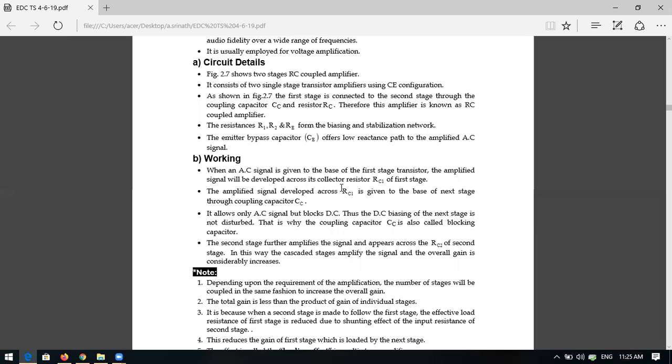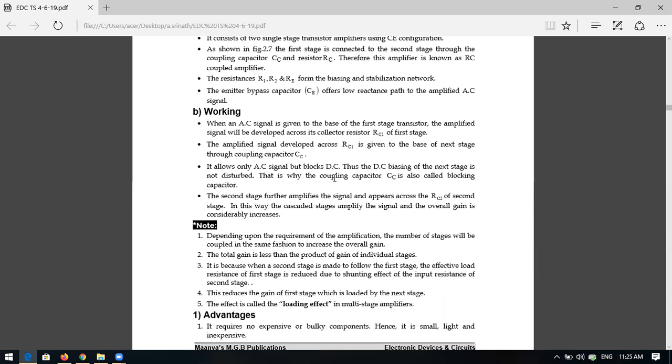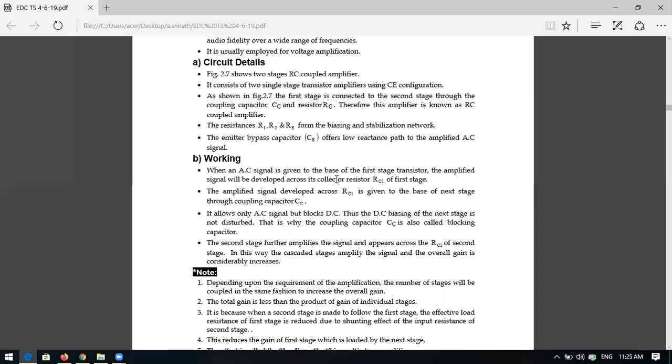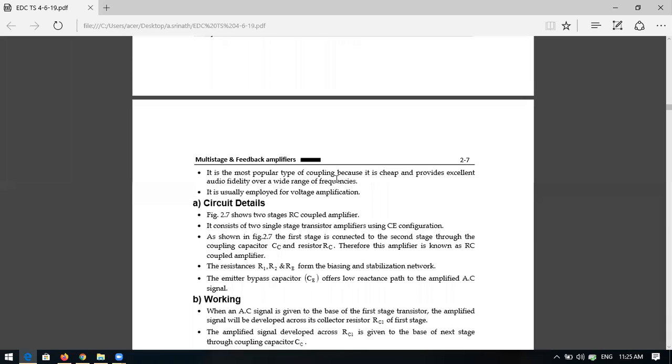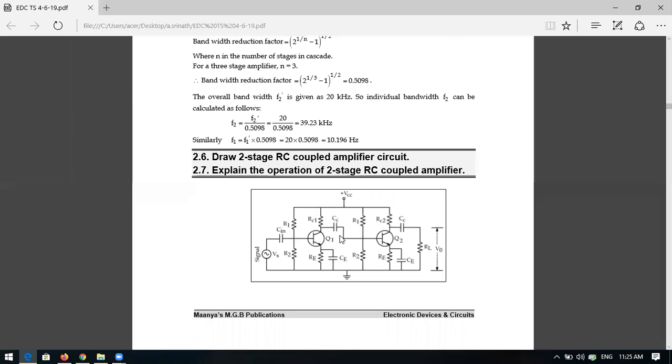Okay, so the working of this is simple to understand. What is the first stage doing? What is the purpose of any amplifier? Whatever the input signal, it should be amplified. The amplified signal is given to the second stage, which will also amplify the signal.